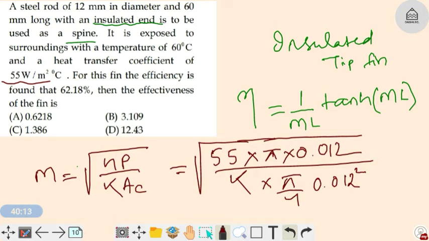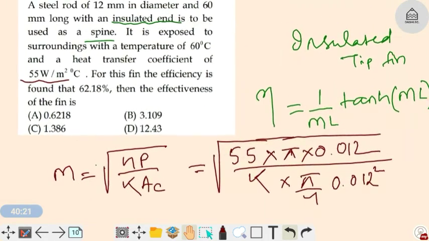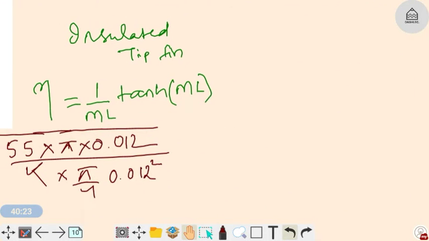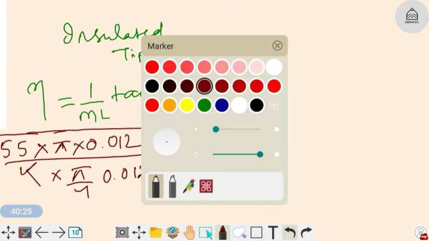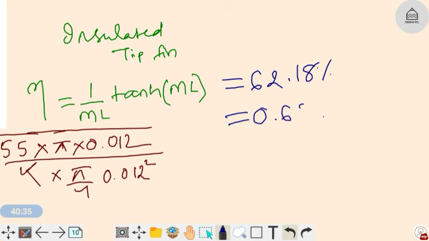But now see, efficiency is given as 62.18%, which means it is equal to 0.6218.